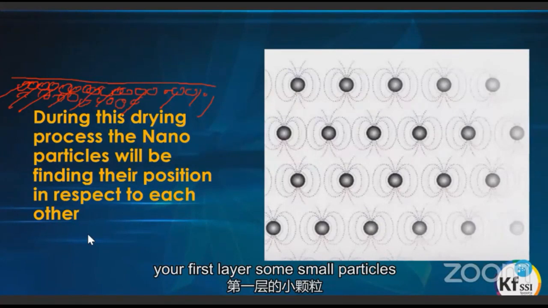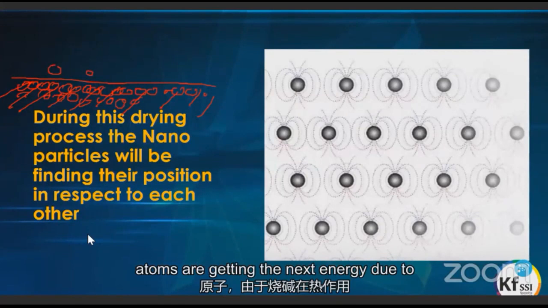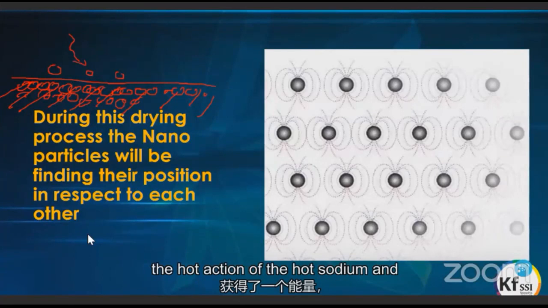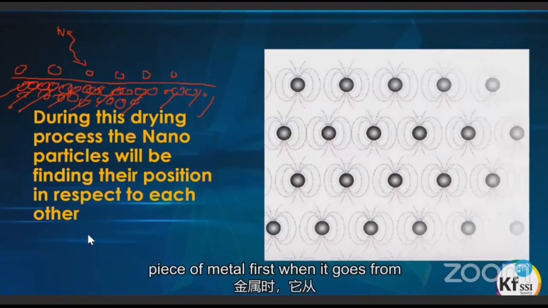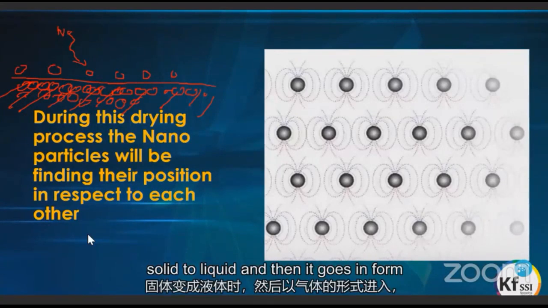Some small particles, atoms, are getting extra energy due to the hot action of the hot sodium. Like when you melt a piece of ice or a piece of metal, first it goes from solid to liquid, and then it goes in the form of gas.